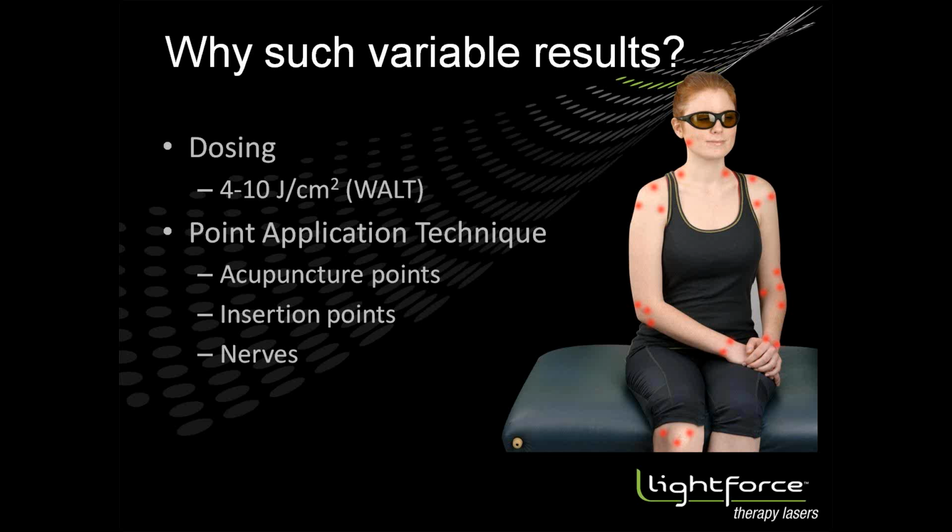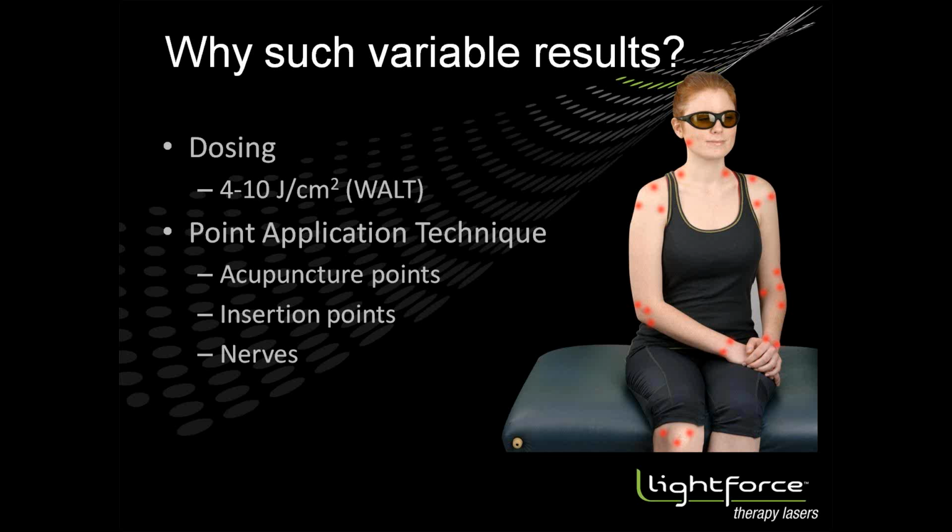But that's not a large variability for a physical modality like this. It definitely doesn't explain the differences in the results that have been observed. But I think when you get down to how the treatment is really applied, that becomes the key.